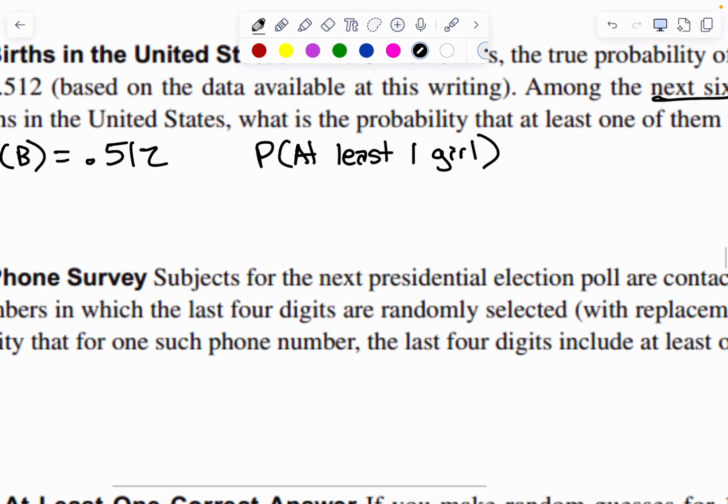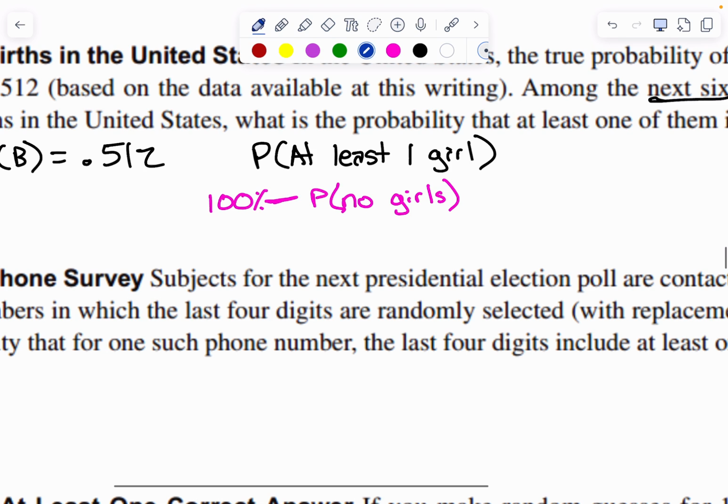I'm going to do the opposite of that. I'm going to do 100% minus the probability of the opposite of at least one girl. The opposite of getting at least one girl is no girls, or all boys. The probability of no girls. There are 6 of them.